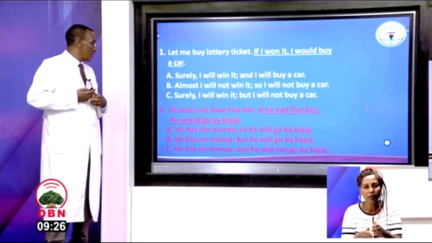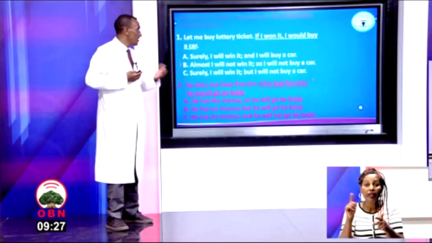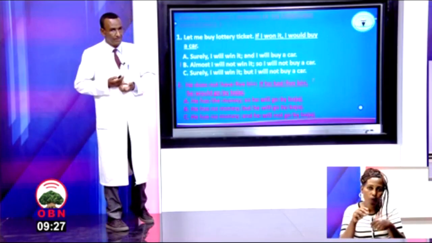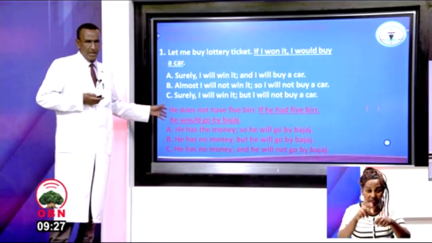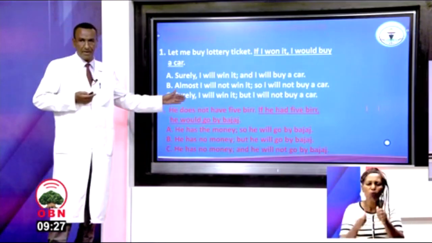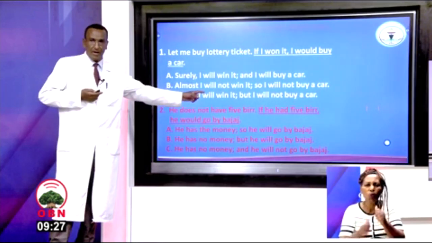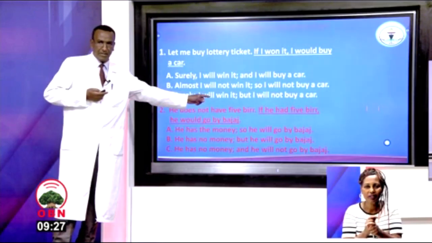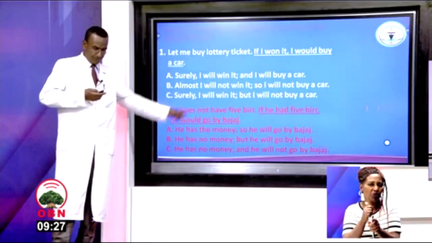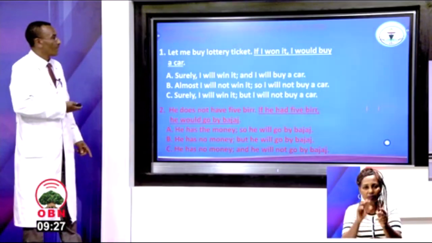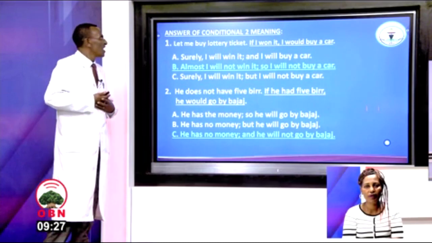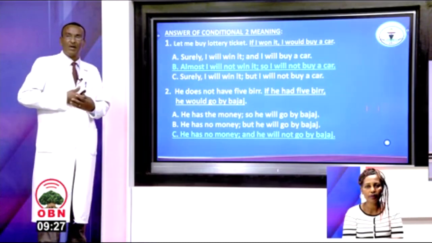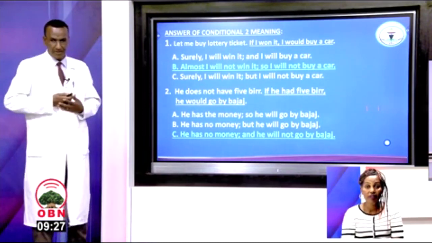C, he has no money and he will not go by Bajaj. Which of the 3 means exactly the same as the unreal condition underlined above in number 2? Let's look at the answer.